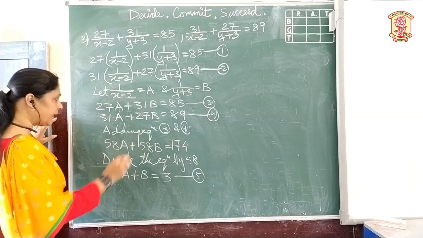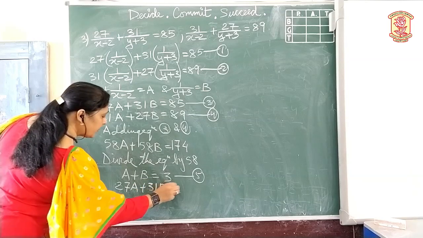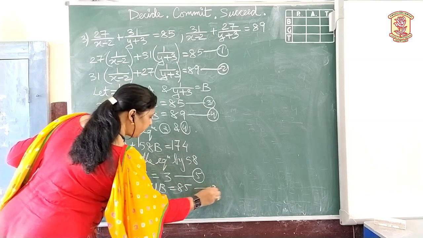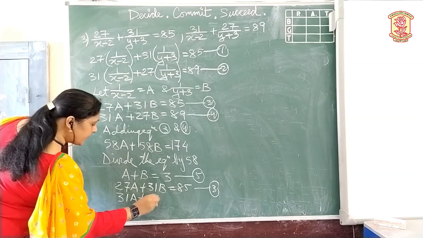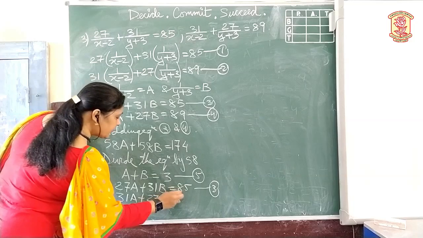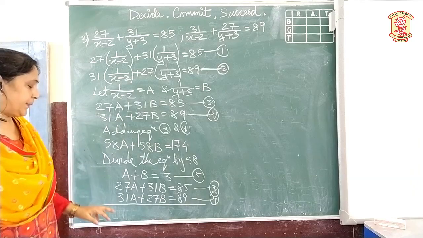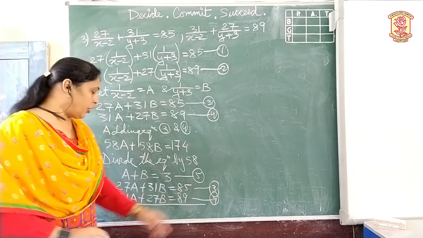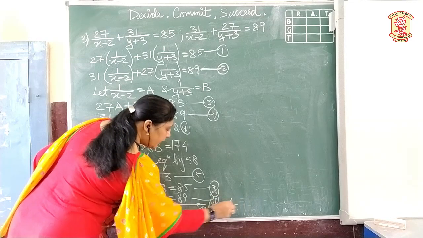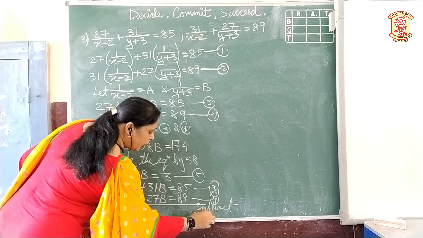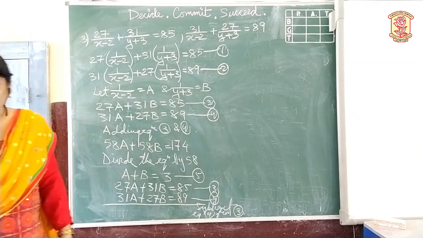So we write these third and fourth again, that is 27A plus 31B equals 85, and 31A plus 27B equals 89. Now we subtract. That is, we subtract the lower from the upper. Subtract equation 4 from third. That is, we change the sign.